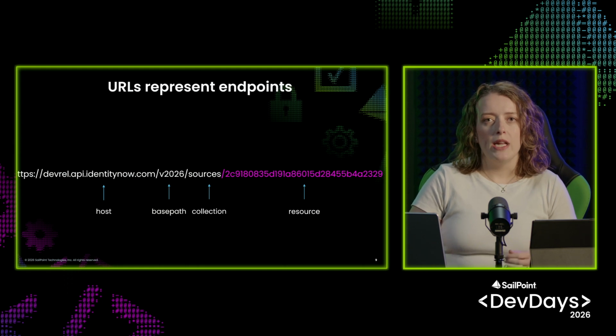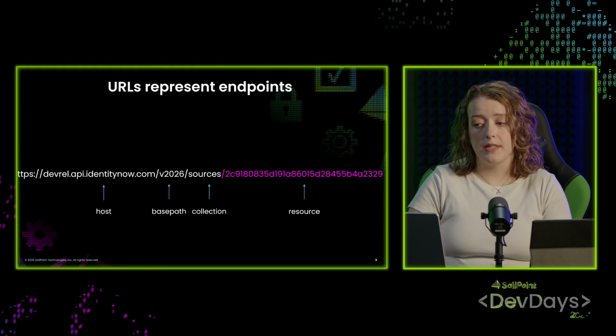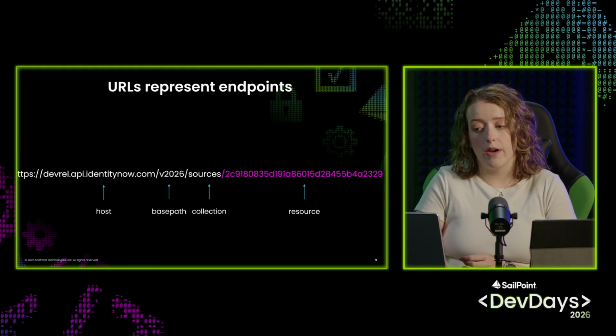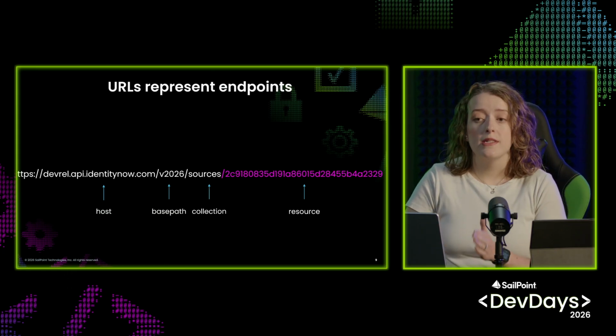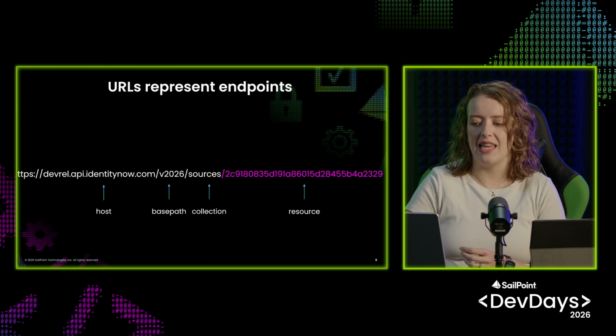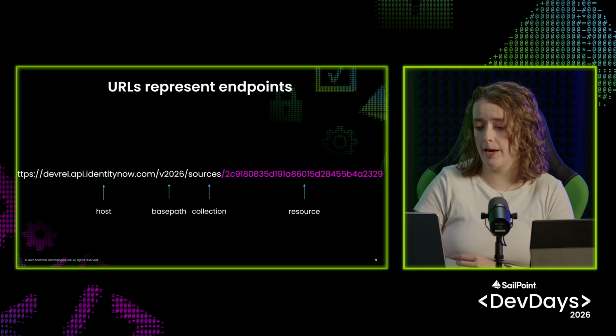So, reading this URL from left to right, we want to go to the SailPoint server. We want version 2026 of our APIs. We want the sources collection, and then we want that specific resource in that collection. The URL is going to tell us the whole story here.